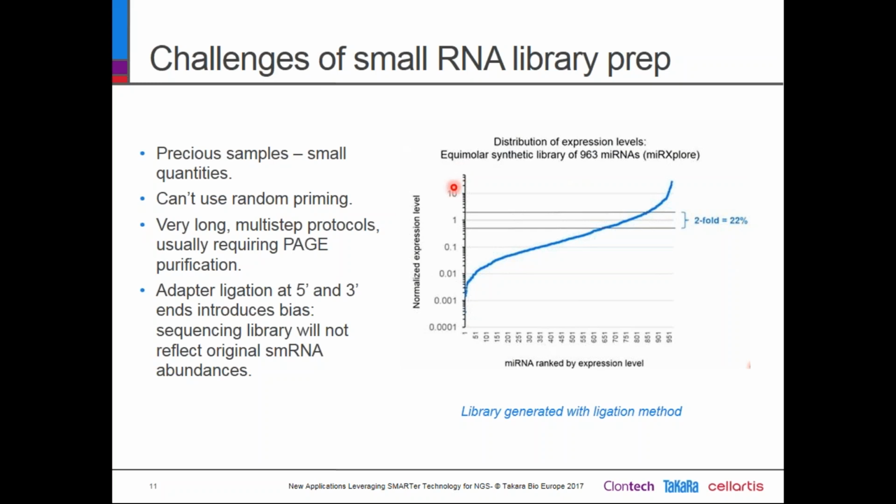So these are quite challenging samples to use in RNA sequencing. Most of the time the samples are precious and you have only small quantities, so you need a sensitive method. Another challenge is that for small RNA sequencing, you cannot use random priming because, for example, a microRNA, at 21 nucleotides, is too small to use random hexamers.